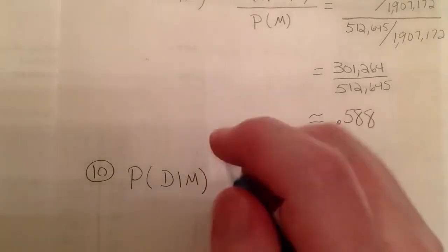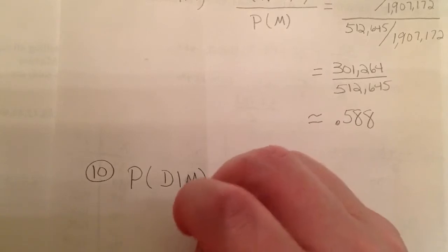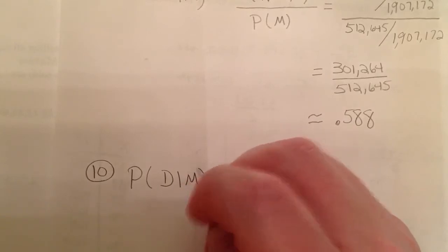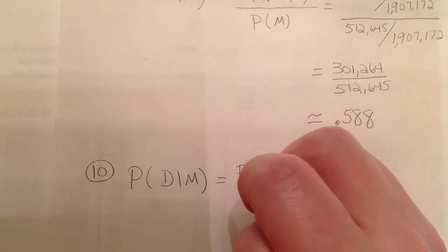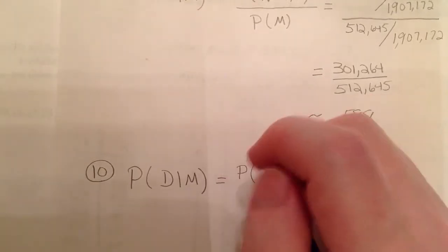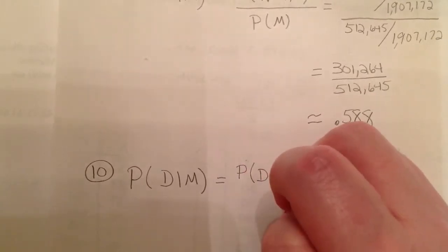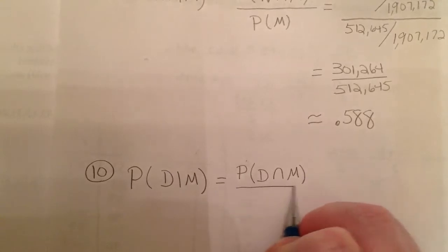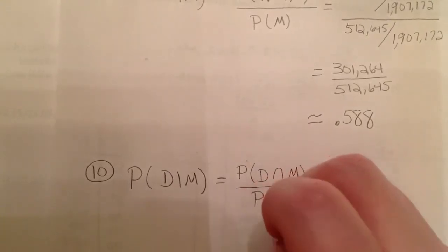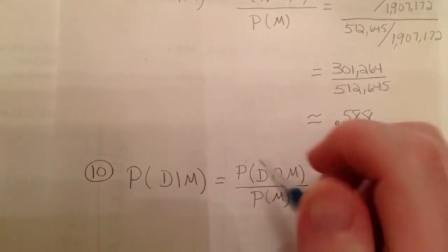So for determining this probability, this time the M is going to be for man, not master's. So you have the probability that you have a doctorate and a man, over the probability that the degree recipient is a man.